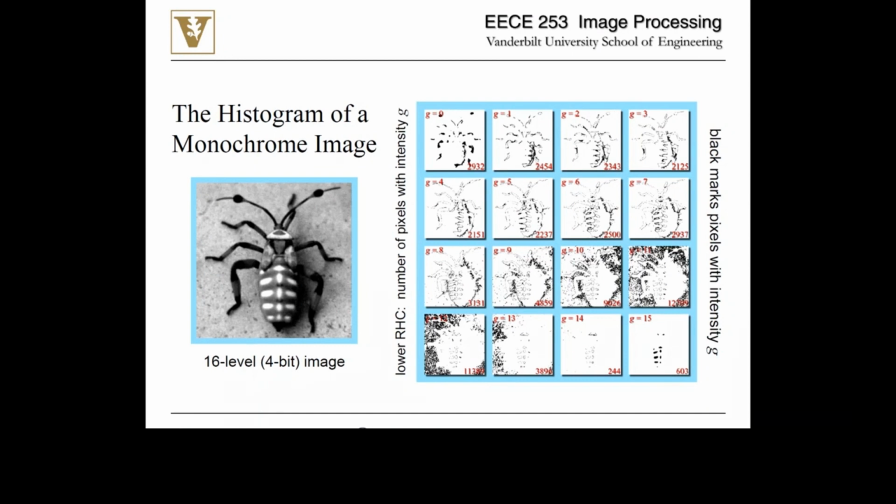The middle point is 8, so this is a little bit brighter than the middle point, and that is why they appear at G equal 11, G equal 12. The same happens with the legs of the insect. They are pretty dark, and they appear mostly in G equal 0, G equal 1. You see? Okay, good. So it is not only that we can count, but also we can know where those values are taking place.